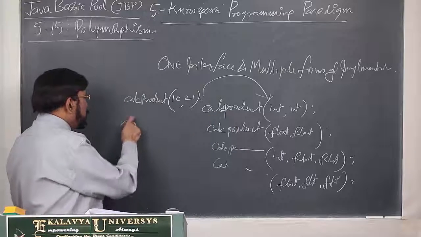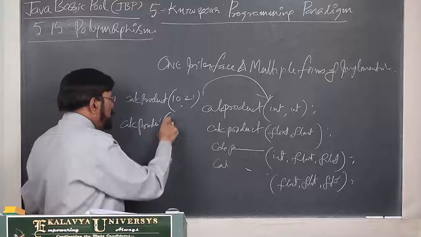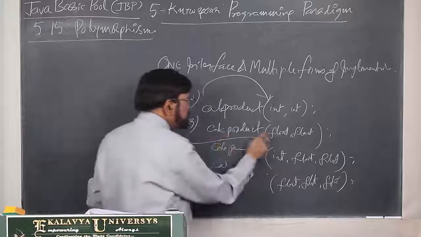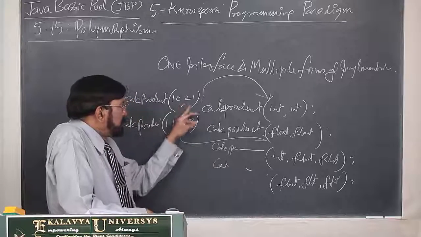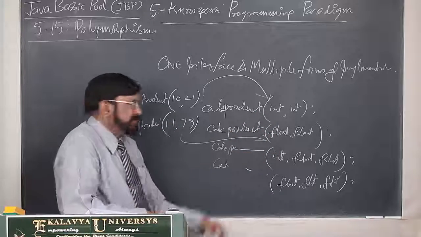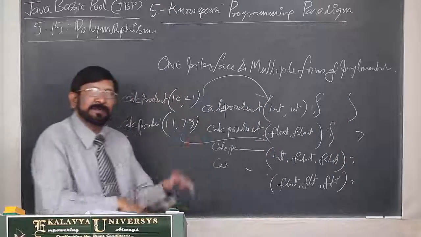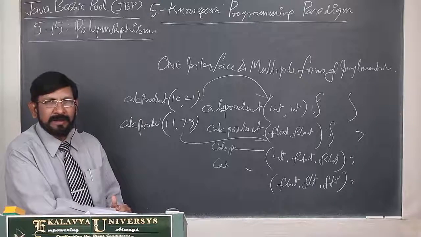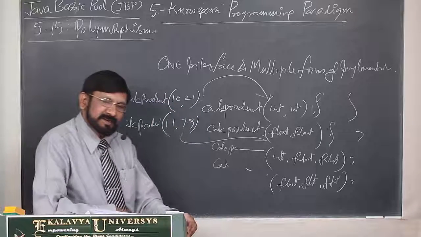Suppose you give calculate product of 1.1, 7.9, then which is relevant? This is relevant. Just as with K Mohan, S Mohan, P Mohan, depending on this, the compiler identifies which is the matching definition, and the matching definition is implemented, and the corresponding results are produced. This feature is called function overloading in C++, but C does not have this.